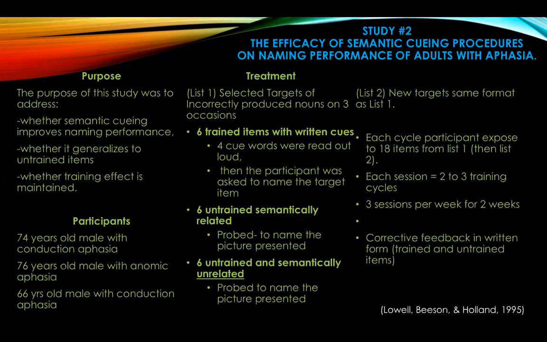The second study that I looked at involved more patients than the first. The researchers investigated whether generalization for untrained items could occur, and whether the training effect is also maintained. 3 participants were used, 1 anomic aphasic and 2 with conduction aphasia.